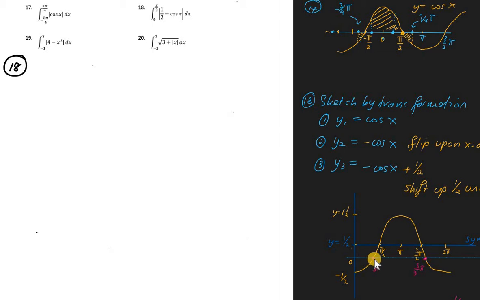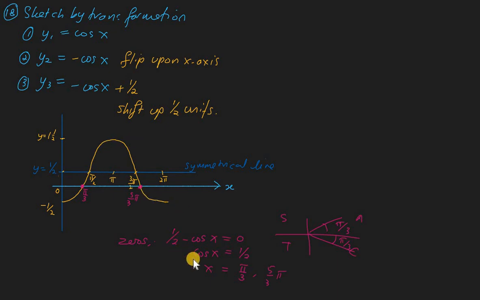And what are the zeros? We just set your function to 0, and you get the answers pi on 3 and 5 pi on 3. So this is the graph and these are the zeros. You can find the angle there. So you have to know how to sketch the graph first before we define it.